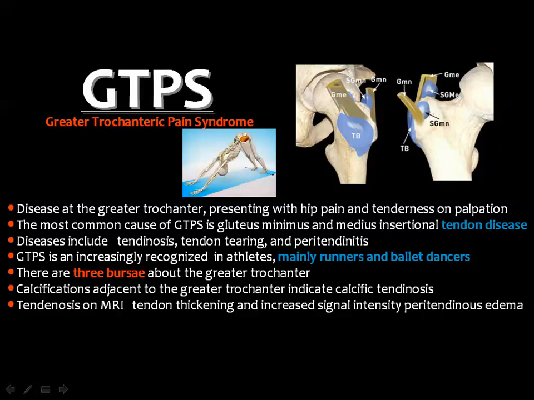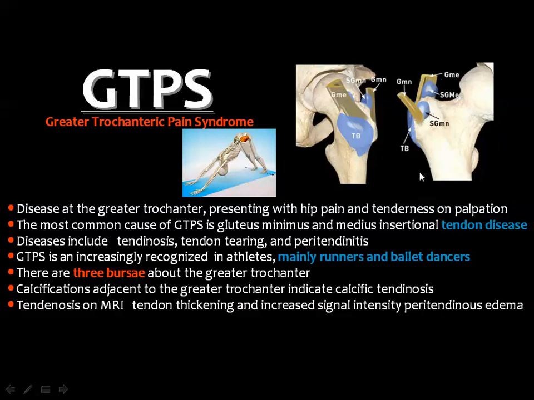Then we came to what's known as greater trochanteric pain syndrome. In the region of the greater trochanter, we have two muscles inserting into the greater trochanter, which are the gluteus minimus and the gluteus medius muscle.